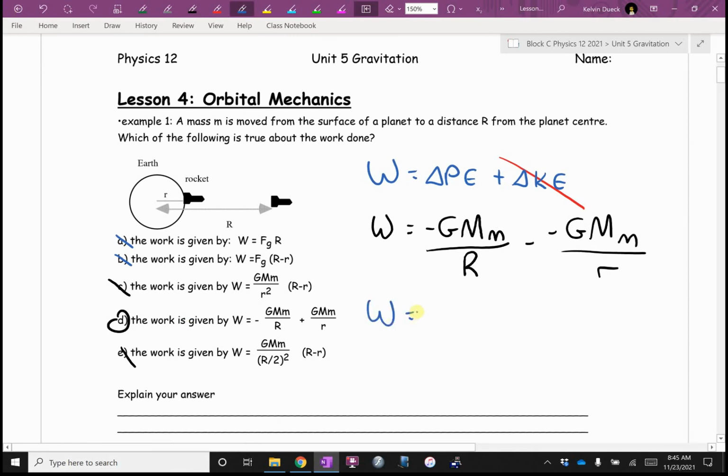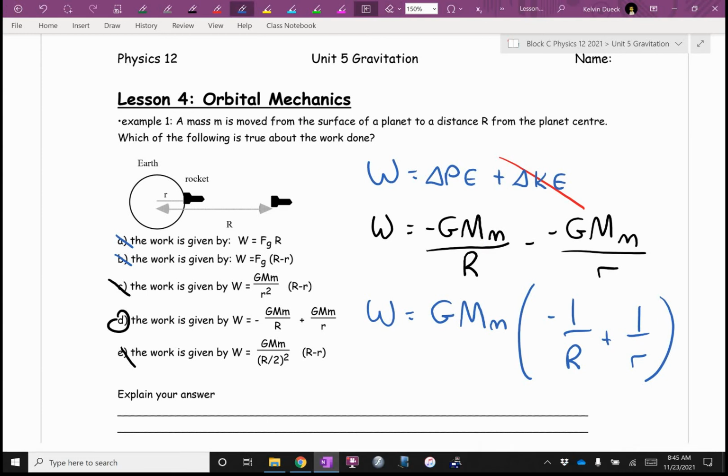You could factor out the big G, the big M, and the little m, and you would have negative 1 over big R plus 1 over little r. That works. That's not significantly less typing, especially if you're going to backspace and edit like I've taught you, than just doing it this way. So I've never bothered teaching that.